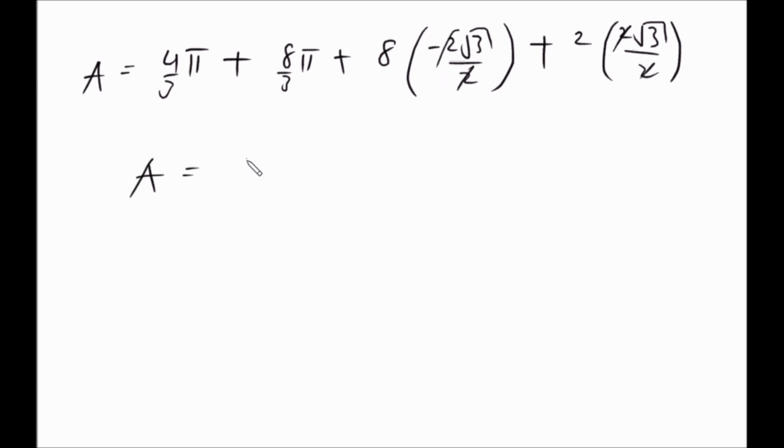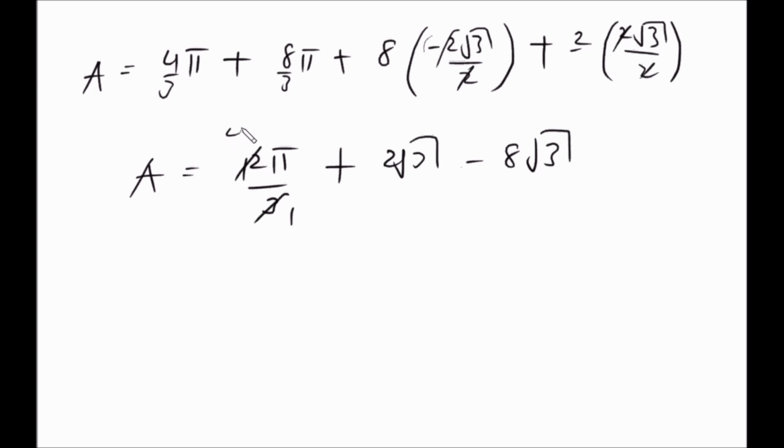So our area now is going to be equal to 12 pi over 3 plus, here we have 2 radical 3, here it is negative, that is why I have not written it here, so minus 8 radical 3. So by 3 one, by 3 four. 2 minus 8 is negative 6. So the area of the sector now is going to be 4 pi plus minus 6 radical 3.